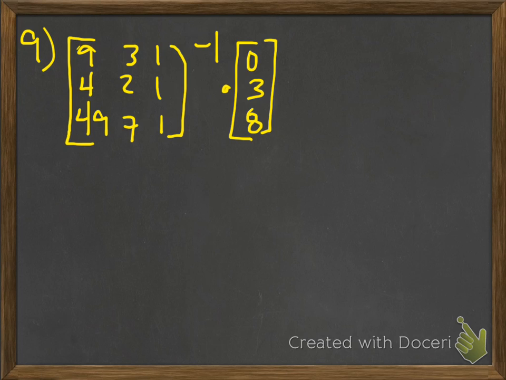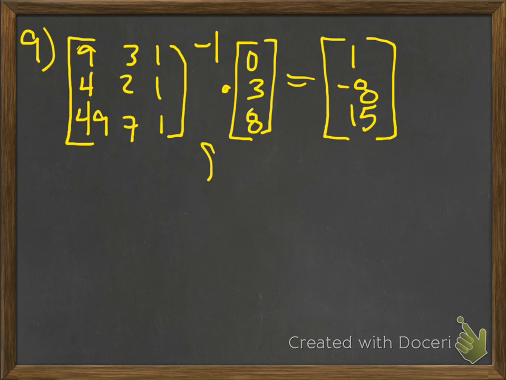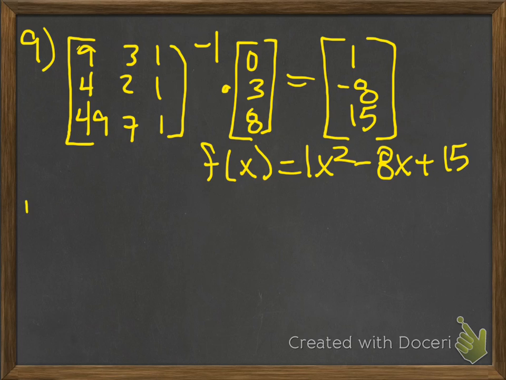Press enter on the calculator, and you should end up with 1, negative 8, and 15. So 1 is your a, b is negative 8, c is 15. Put them in order: 1x squared minus 8x plus 15.